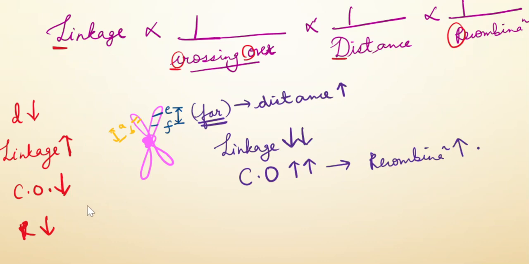For the linkage topic, this is about linkage and the linked genes. Now, moving towards the types of linkage. The concept of linkage was brought by the scientists Bateson, Punnett and T.H. Morgan. These people discovered linkage.